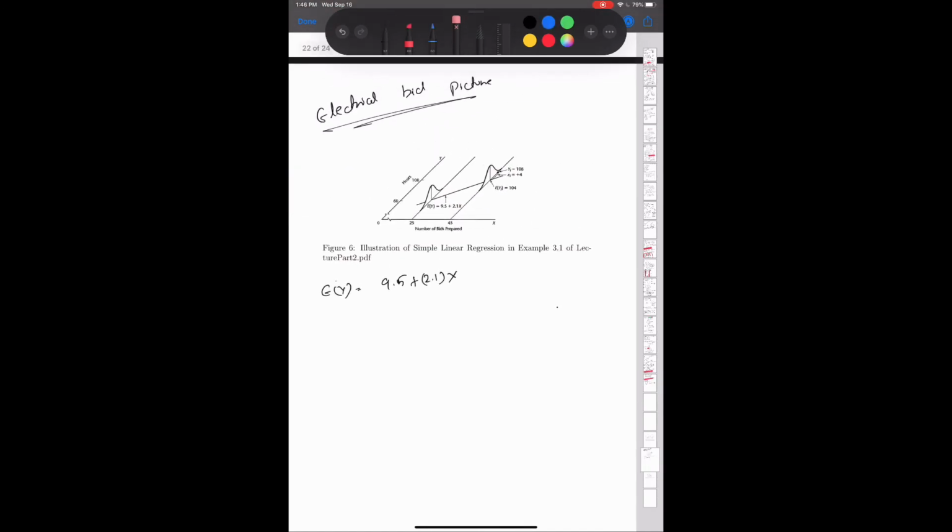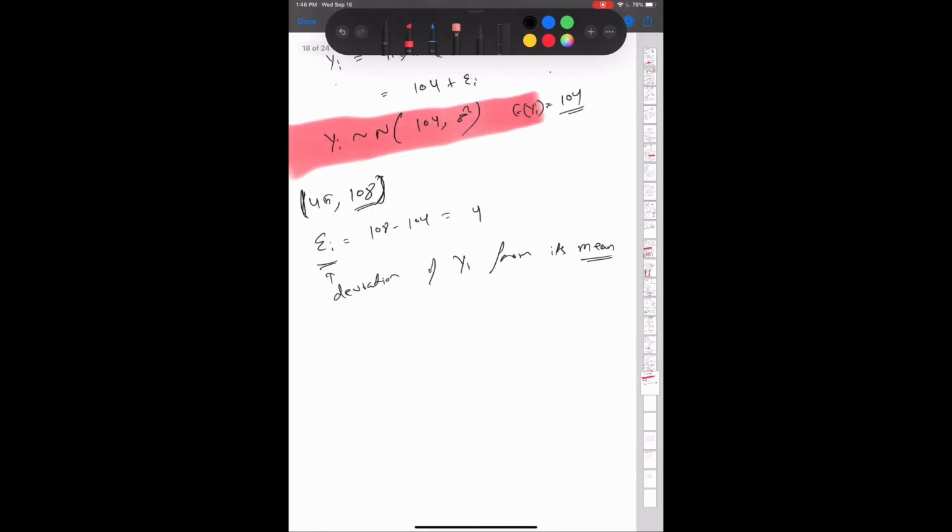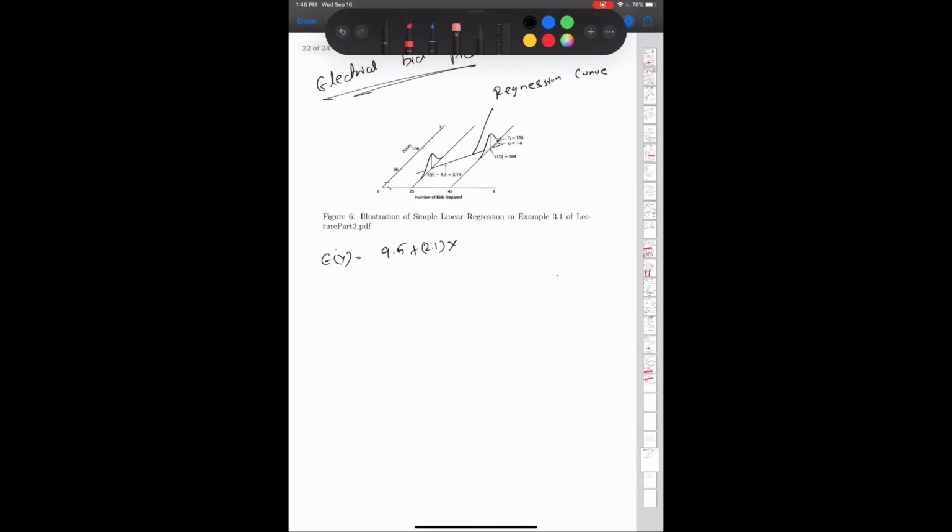Okay, it's called the regression curve, or sometimes it's called the mean response line.